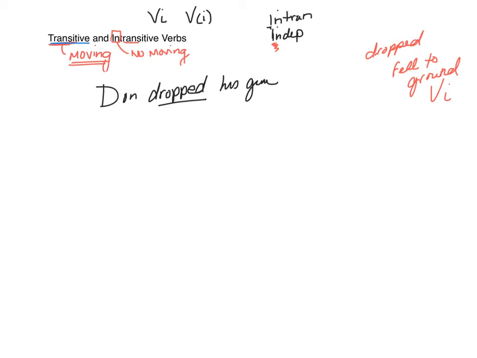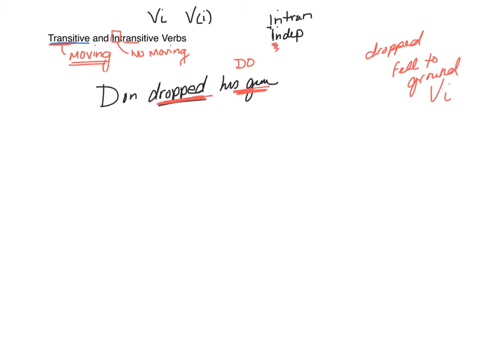Well, now, if you notice, this is a noun that is directly finishing the idea of dropping. It is the object most directly affected by this drop. So this becomes the direct object. And in fact, this is now a verb transitive. But what does it mean, dropped? What's the definition of dropped in this sentence?